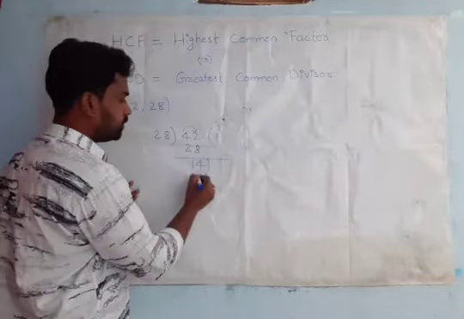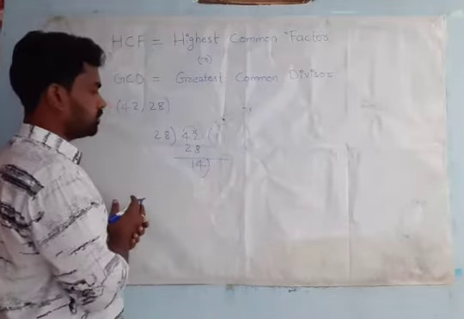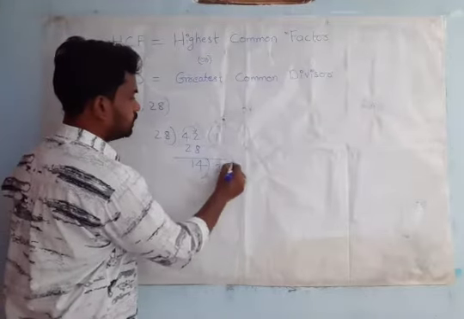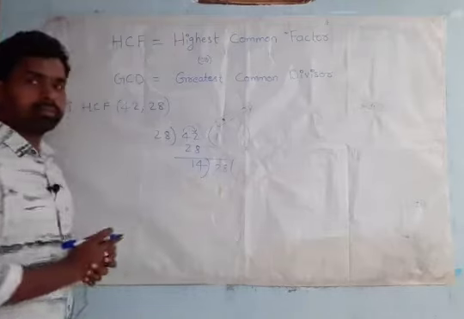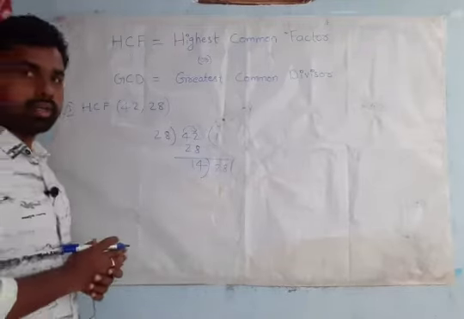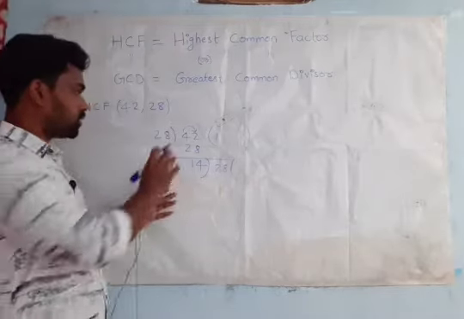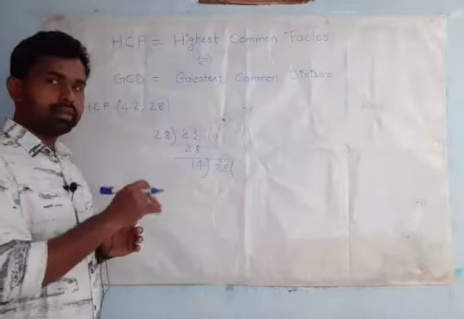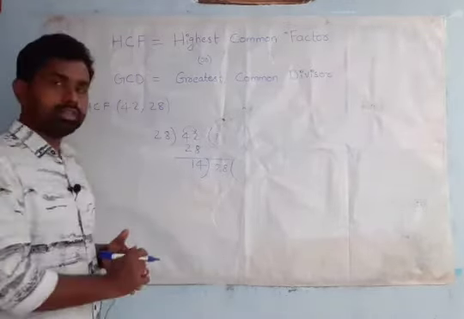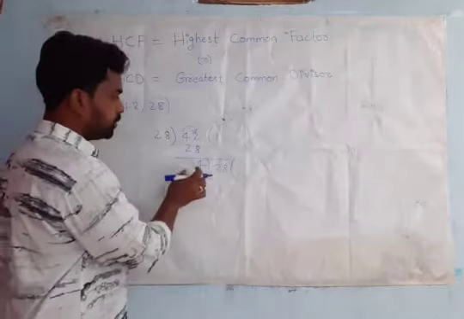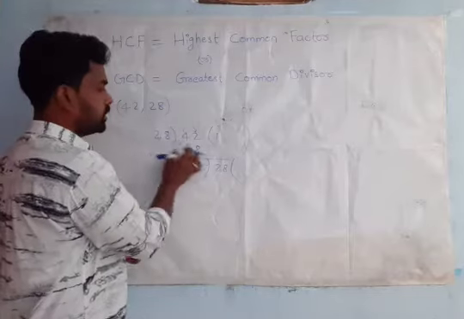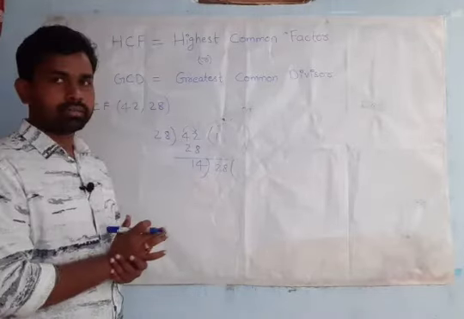We should make this remainder the divisor, and the first divisor we should write as the dividend. Understood? Don't be confused. First we do the division normally, but then this remainder becomes the divisor, and the first divisor becomes the dividend.